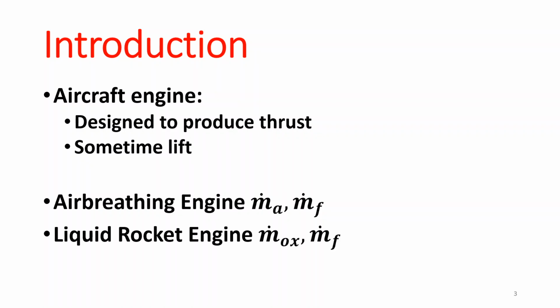We also have other types of jet engines, like the liquid rocket engines. For the liquid rocket engine, you have a fuel and you have an oxidizer. So the oxidizer and fuel are the main things that are responsible for thrust generation.